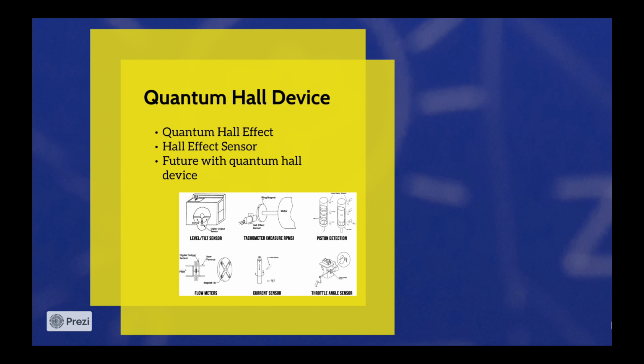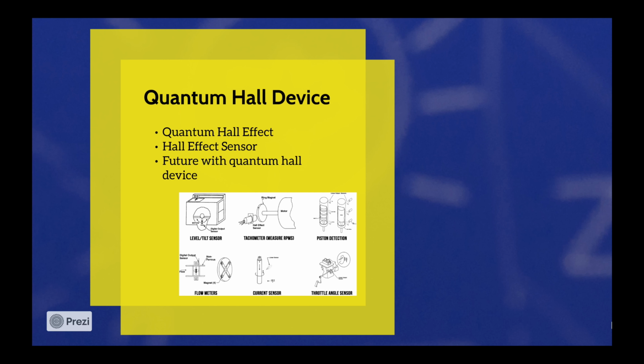A quantum system at low temperature and high magnetic fields shows well-defined constant values over a wide range of magnetic field or charge carrier density variation. Or, when a magnetic field is applied vertically to a two-dimensional electron system, the resistance in the direction of the electric field is zero, and the Hall resistance in the lateral direction is quantized by h over e squared.